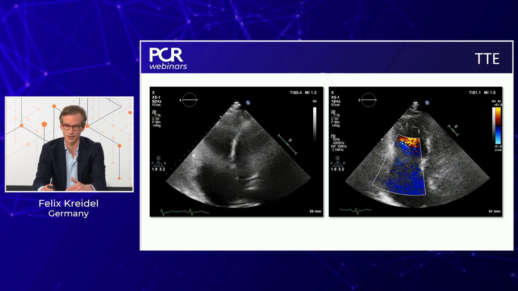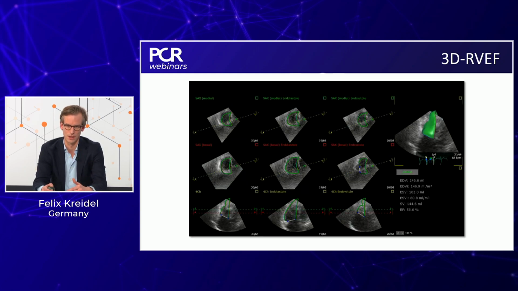Even without lowering the baseline, you can appreciate a huge PISA radius. This is 3D TTE. We're very fond of doing that to get a good estimate of systolic RV function.